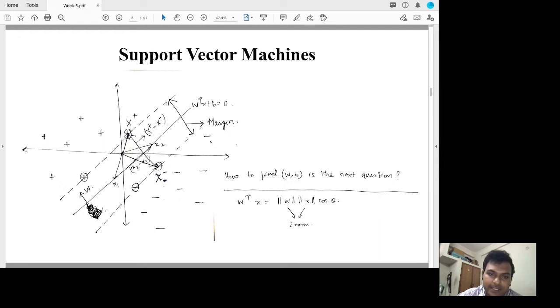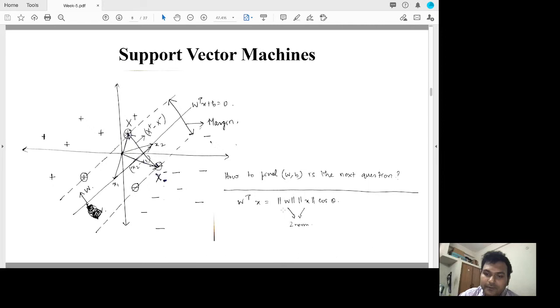Z is nothing but x plus minus x minus. I am calling that Z. You want to find the projection of Z onto W, which means you have to do this particular operation, W transpose Z. The formula is the norm of W into the norm of Z into the cosine of the angle between W and Z. Then you will try to maximize this margin, you will try to maximize this W transpose Z. If W itself has some magnitude here, then you might maximize this margin without changing Z at all.